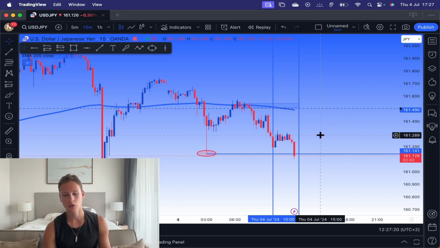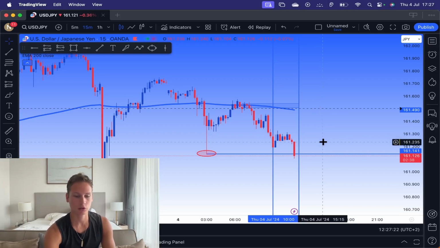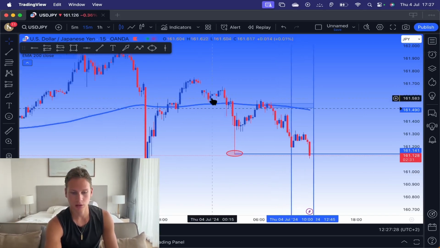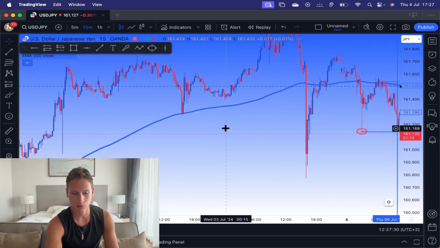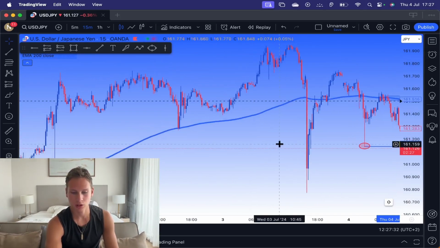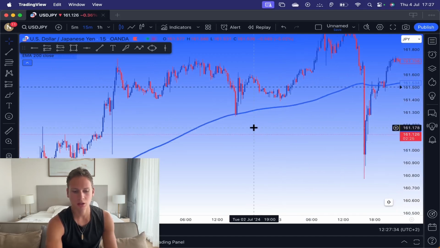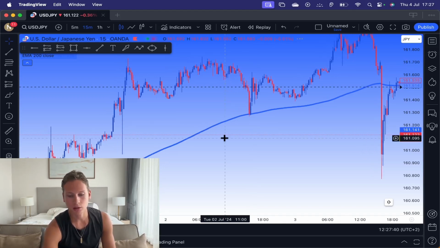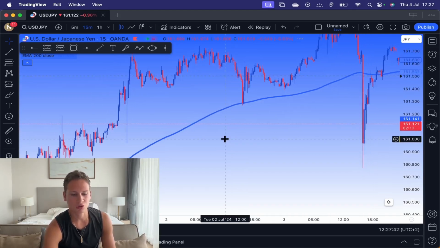All right, so looking at this, let's clean this chart up. It's not the best example. Maybe just look for an example in the charts, because I'm not going to replay the charts. The reason for this is that it's just too easy.